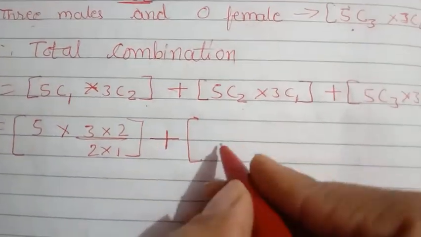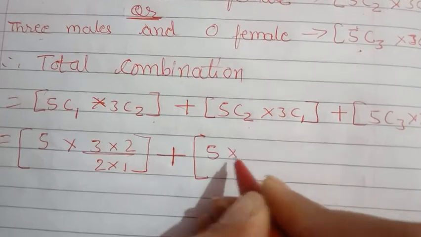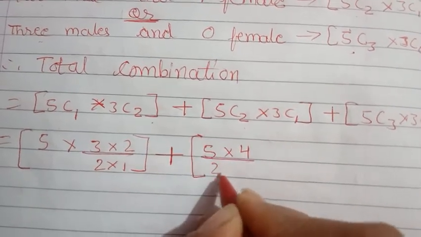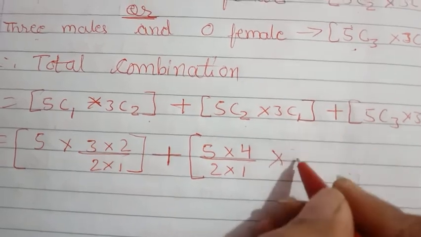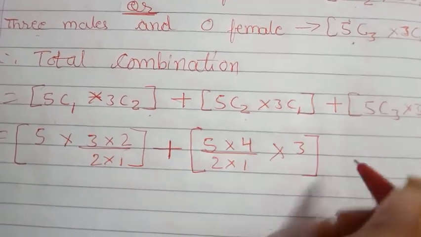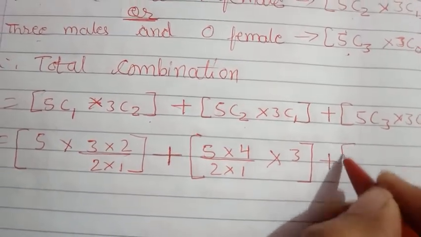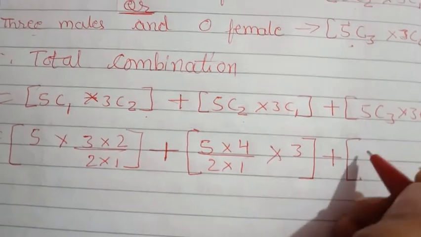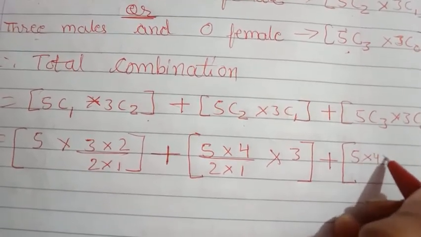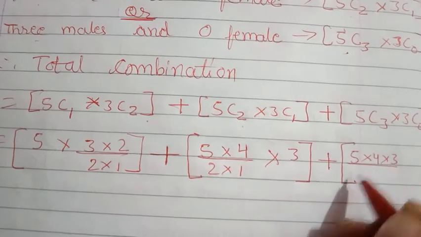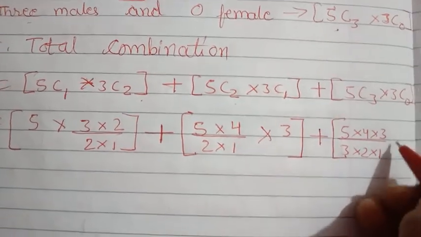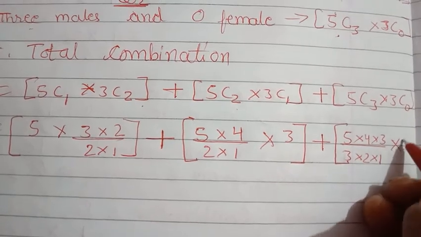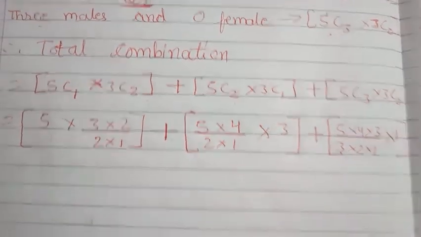So that is 5 into 4 upon 2 into 1 into 3C1 is equal to 3 plus third option 5C3. So that is 5 into 4 into 3 upon 3 into 2 into 1 and 3C0, that is equal to 1, right?